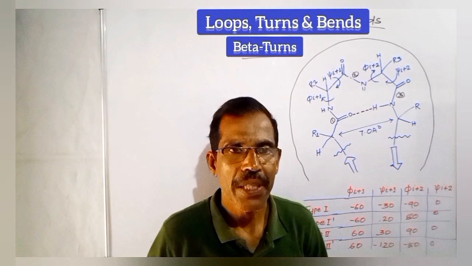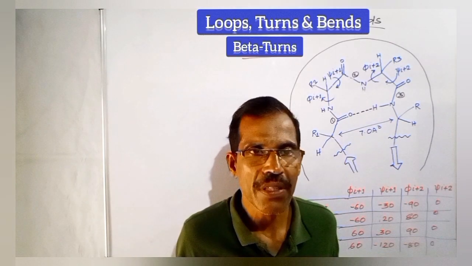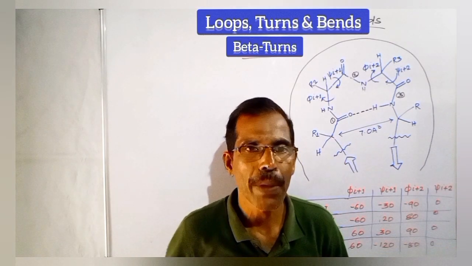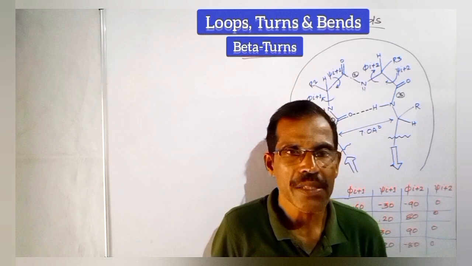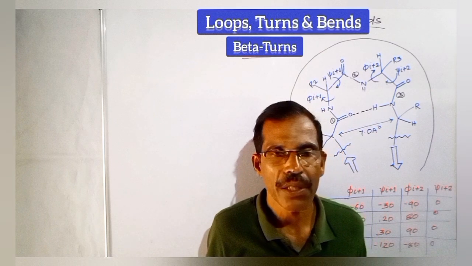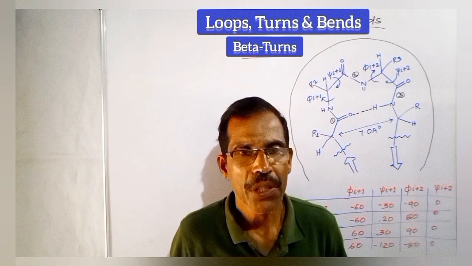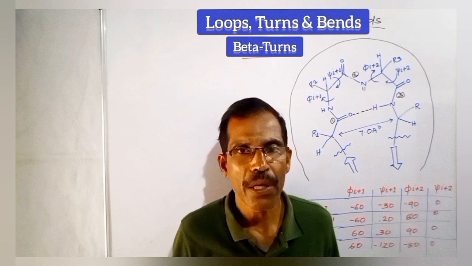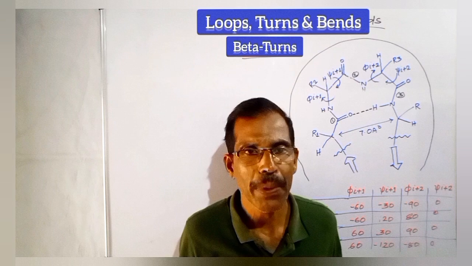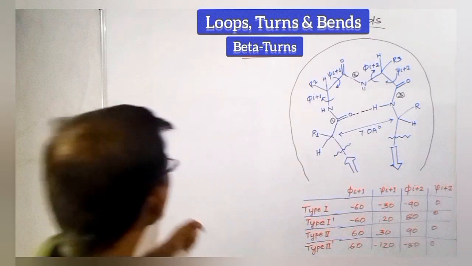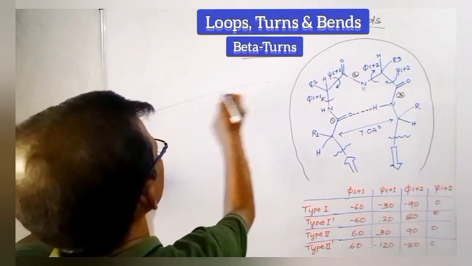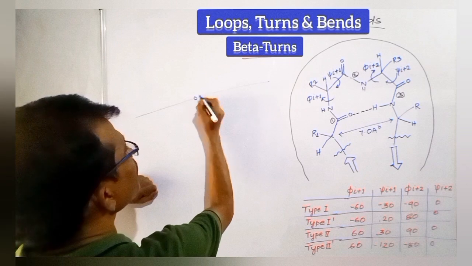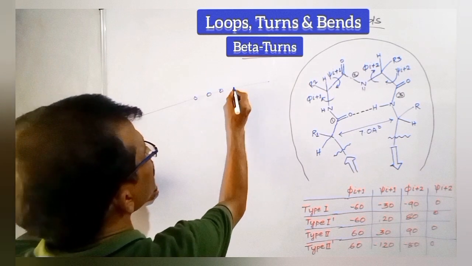Beta turn is a tight turn which reverses the direction of the polypeptide chain. Hence it is also called a reverse turn. It is a short segment of 4 amino acids that produces a bend in the polypeptide chain. For example, a polypeptide has one such short segment of 4 amino acids.